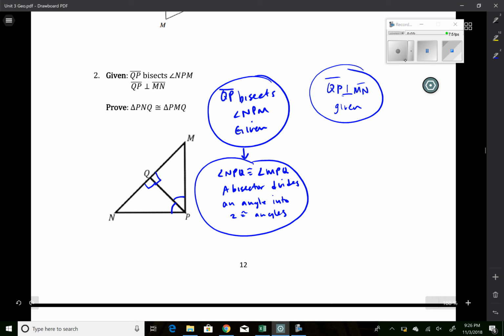So the first bubble is going to be angle NQP and angle MQP are right. And the reason why is perpendicular lines form right angles.